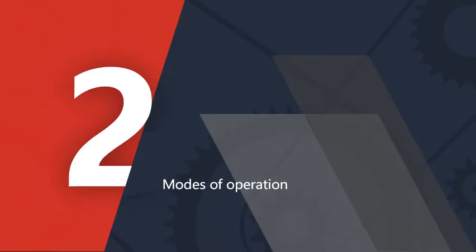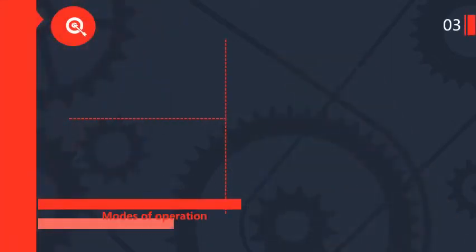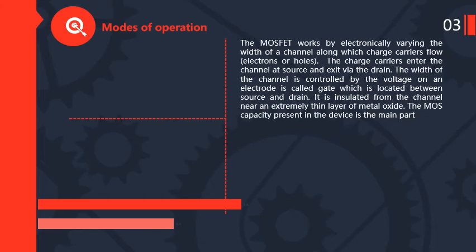नेक्स्ट टॉपिक इज द मोड्स ऑफ ऑपरेशन। Modes of operation of the MOSFET. The MOSFET works by electronically varying the width of the channel along which charge carriers flow. Charge carriers means electrons and holes. The charge carriers enter the channel at the source and exit by the drain.